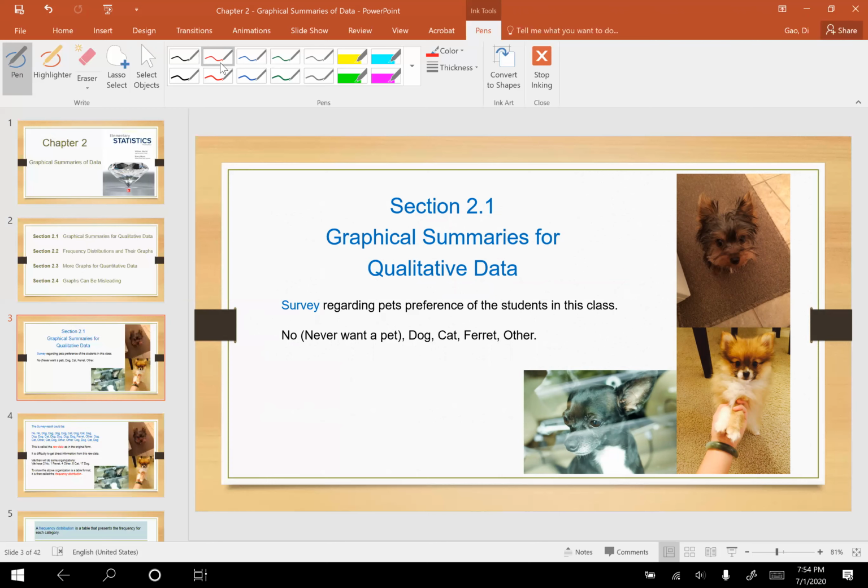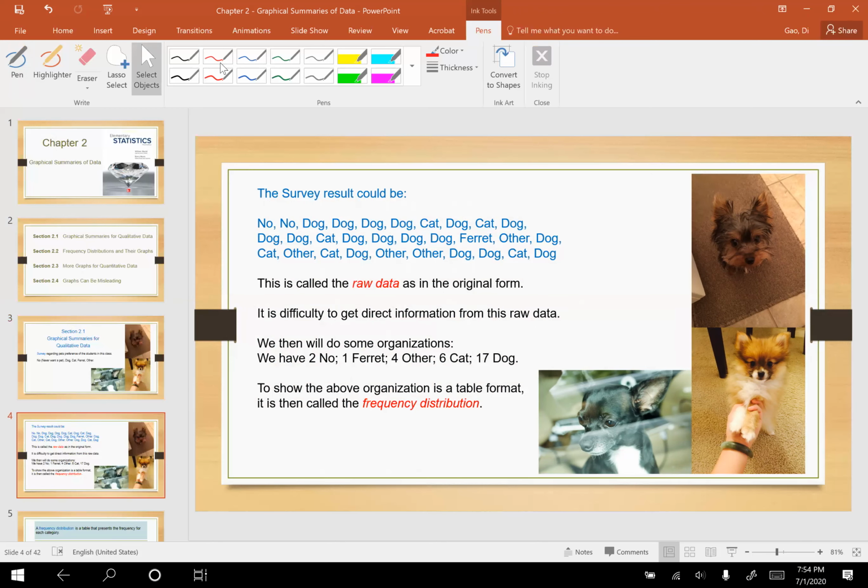And then just suppose we've already done this survey during the class time, and these are the results. We actually have a data set of size 30. This is called raw data because it's still in the original form.